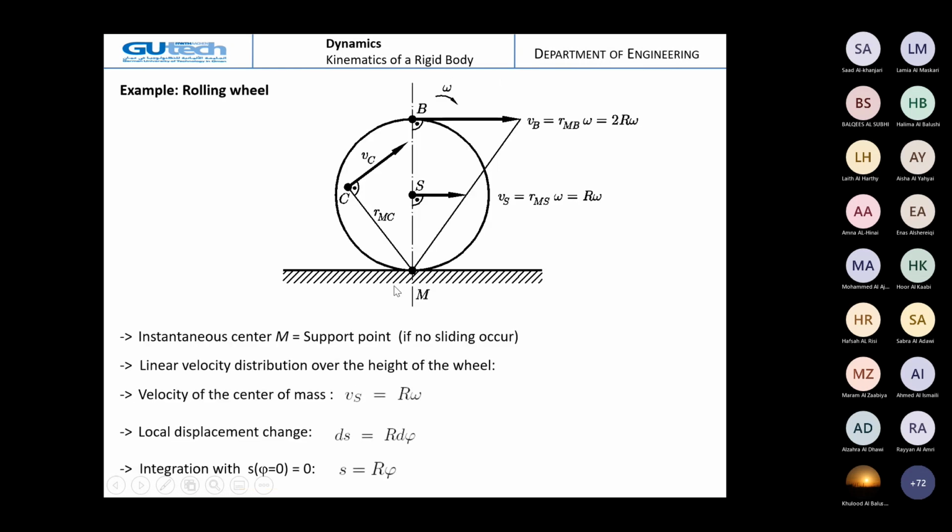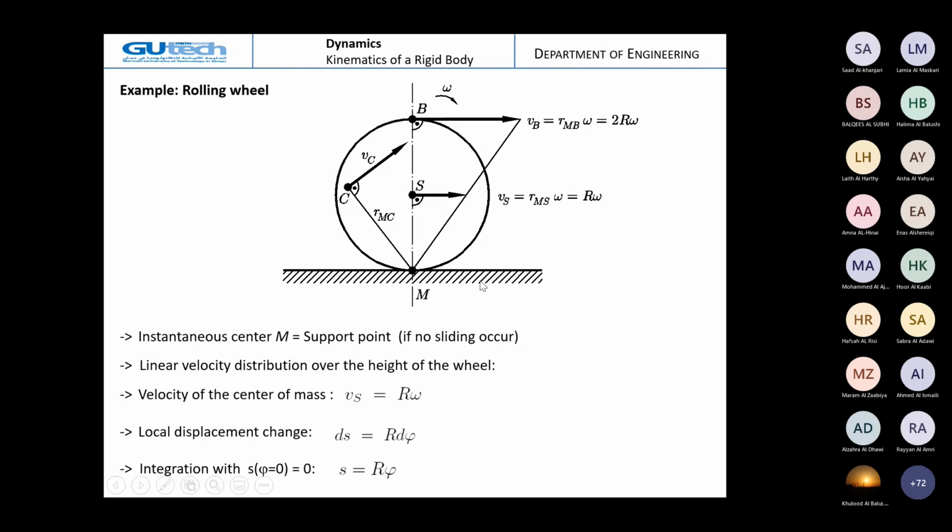Now the case of, for example, a rolling wheel. This wheel is rotating, for example, clockwise omega. In this case, it's rotating in this direction. Then we always have the contact point M with the ground.